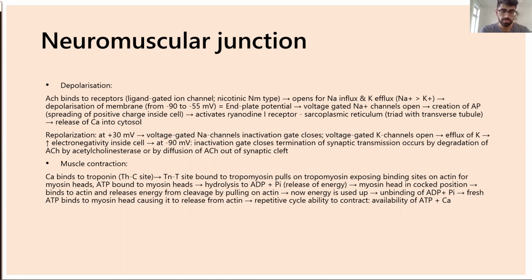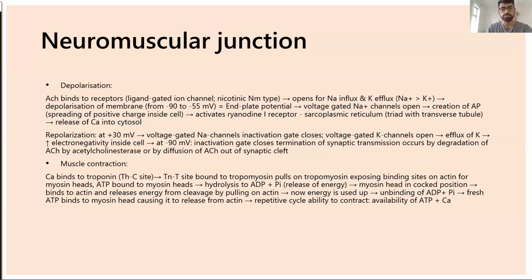You'll know this from histology and also from biochemistry, so I won't go into too much detail. These slides are a bit wordy, but I wanted them that way so that you can see the sequence of events that occur. With these questions, it's all about a sequence of events: event A leads to event B, which leads to event C. So it's nice to follow the events like I've written.